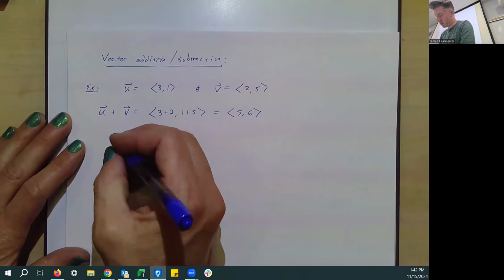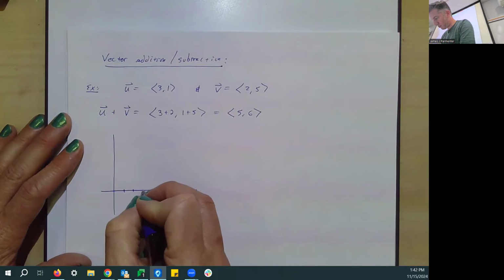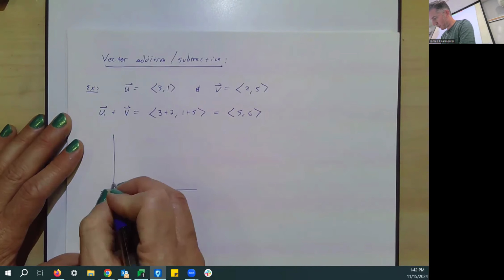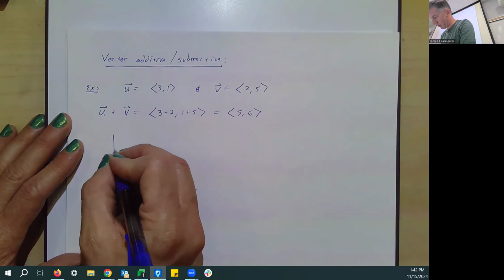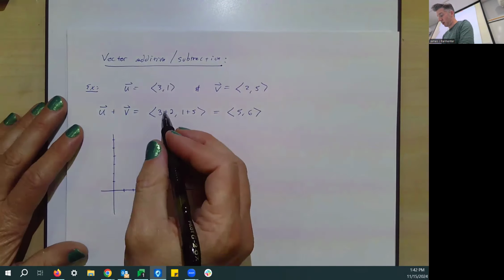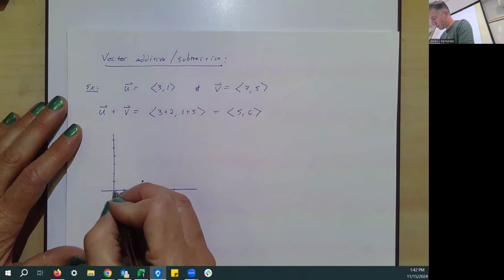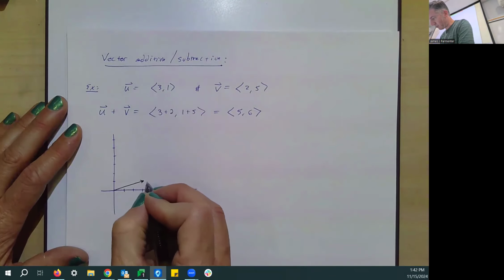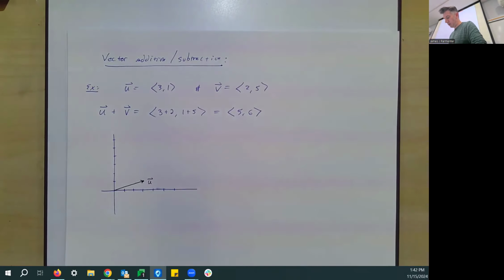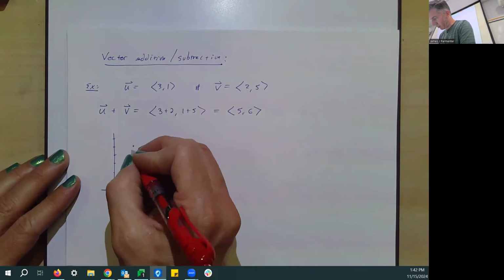Graphically, there is a very nice way that vectors add together graphically. So if I draw the vector 3 comma 1, so over 3 up 1, there's my vector u. I draw the vector v over 2 up 5. Again, both of them starting from the origin.